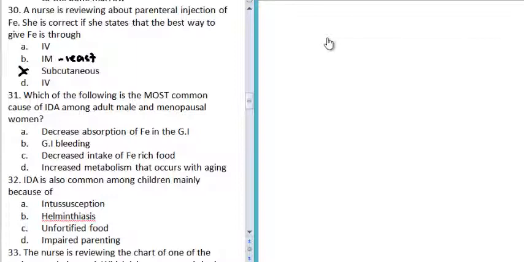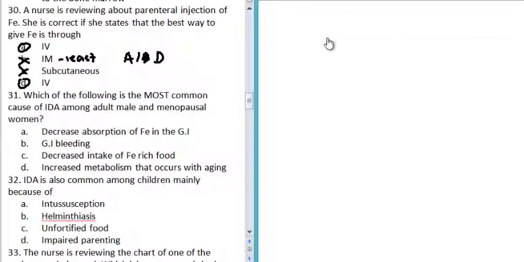So the answer is A or D. Since there are two IV options, A or D is the answer. It's not B, it's your least desirable.